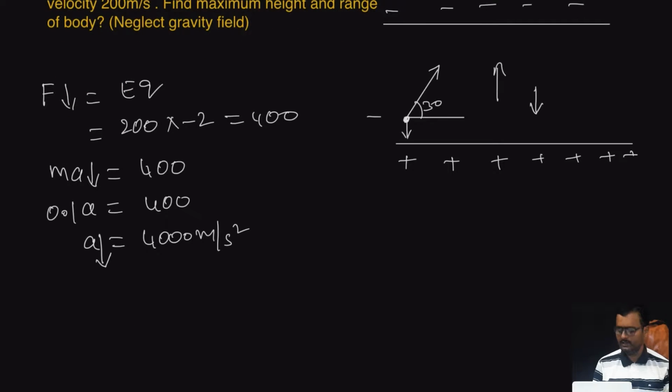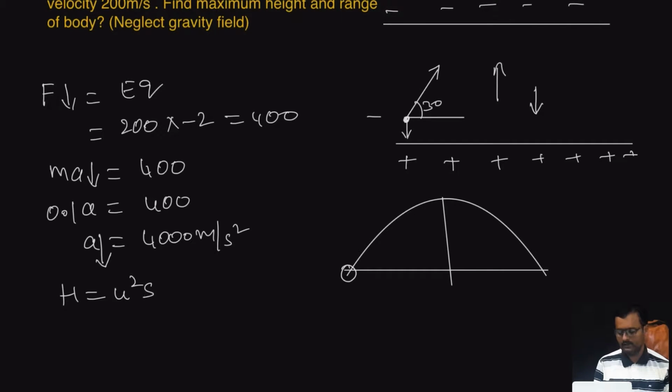This is similar to the case of a body projected in air from the ground at some angle to the horizontal, where it goes in a parabola shape. The maximum height is h equal to u square sine square theta by 2g, and the range is u square sine 2 theta by g.